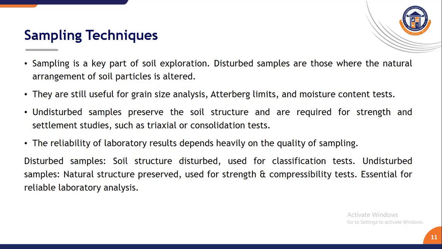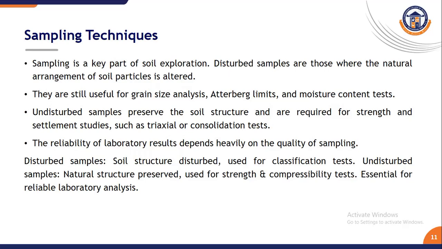And then the sampling techniques. Sampling is a very important step in soil exploration. There are two types of samples: disturbed samples and undisturbed samples. In disturbed samples, the natural structure is lost, but they are still useful for classification tests such as grain size, Atterberg limits and moisture content.